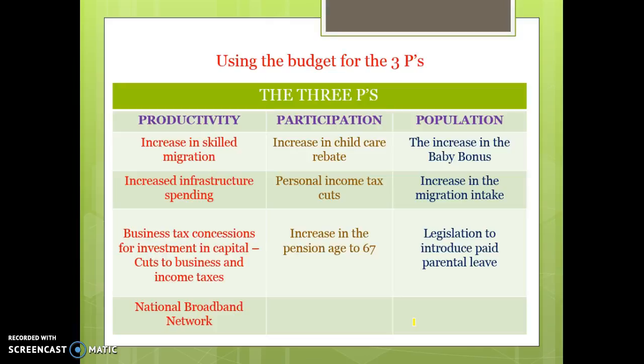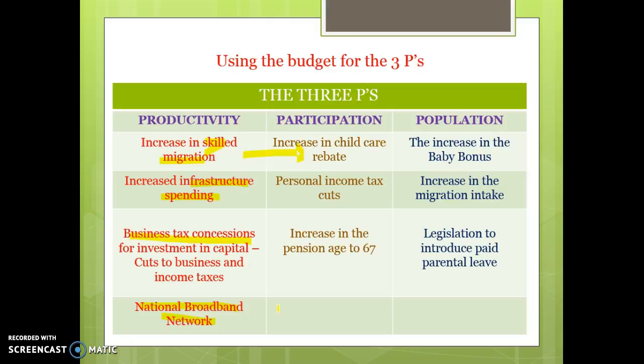So here's a list of a couple of policies for each one. For productivity, things could include skilled migration, which could also go into participation. Infrastructure spending. Business tax concessions, so they'll invest in capital and machinery. The National Broadband Network, which is based around trying to give everyone access to the internet. That will help to increase the pace of internet activity and make it easier for people to communicate with one another, so it makes it cheaper for businesses because they don't need to relocate.